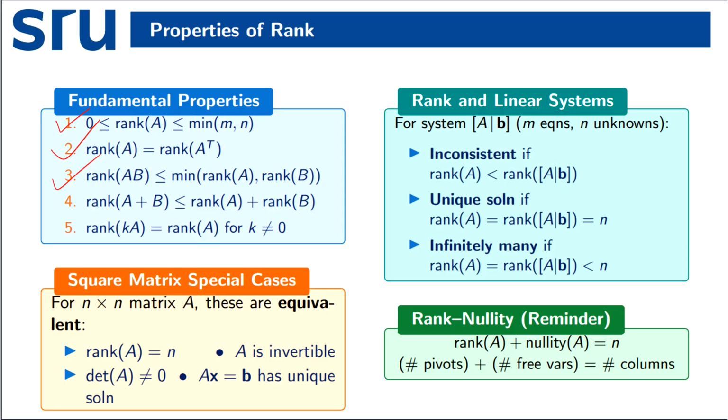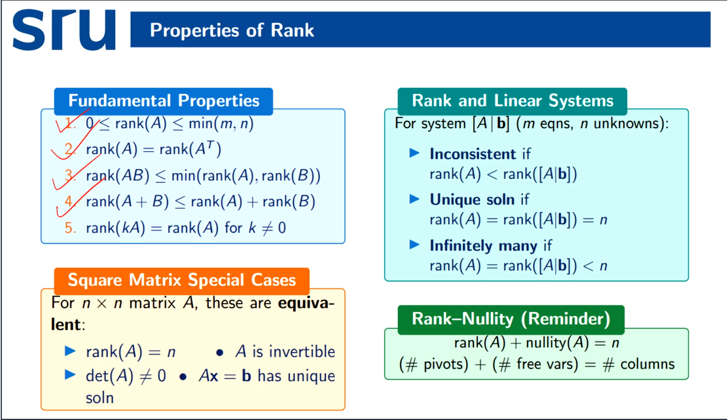Then rank of the product of two matrices is less than or equal to the minimum of rank of A or rank of B. Okay. Then rank of A plus B, that is the sum of two matrices, is less than or equal to rank of A plus rank of B.